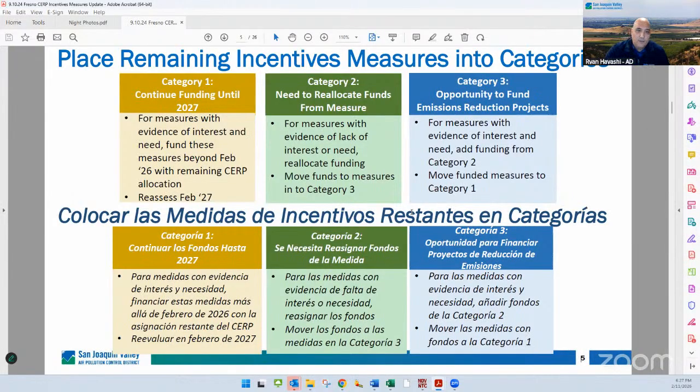And for a whole host of reasons, we're not seeing the interest in these measures, and so looking to bring possible opportunities to shift funding. And then category 3 is the last one. And so it's for measures with evidence of interest and need, and looking to move funding to categories 2 and 1.